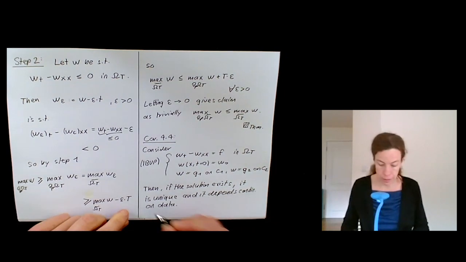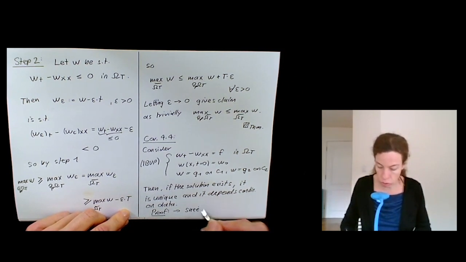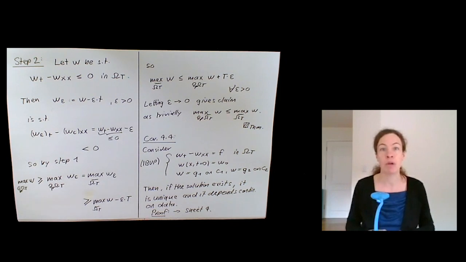So the proof of this is extremely quick, or at least it's extremely quick for me, because I'm just going to tell you that this is your job and this is part of problem sheet number 4, where you're going to prove this. The proof is very similar to the elliptic situation that we've covered already in the last video.